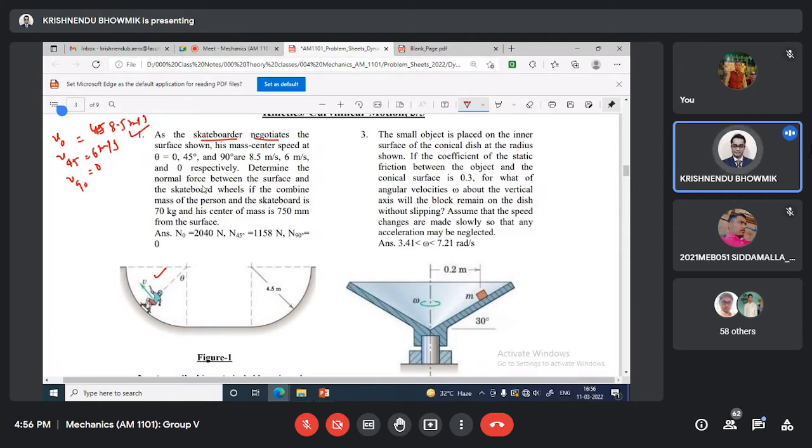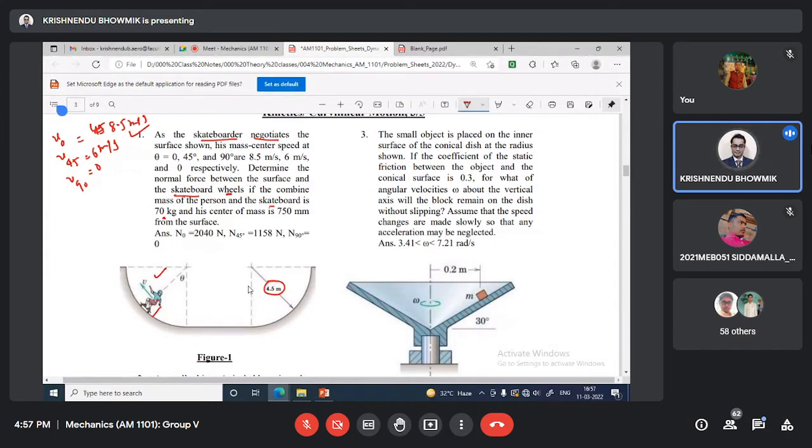Determine the normal force between the surface and the skateboard wheel, if the combined mass of the person and the skateboard is 70 kg, and the mass center is 750 mm from the surface. This is the radius of curvature, 4.5 meter.